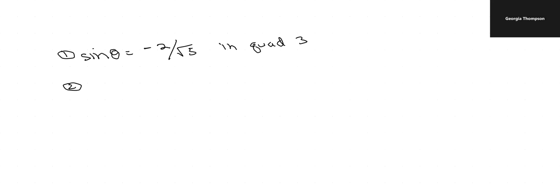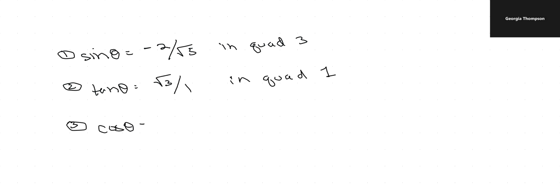Tan theta is square root of 3 over 1 in quad 1. Cosine is 4 over square root of 10, let's do it negative, in quad 2.